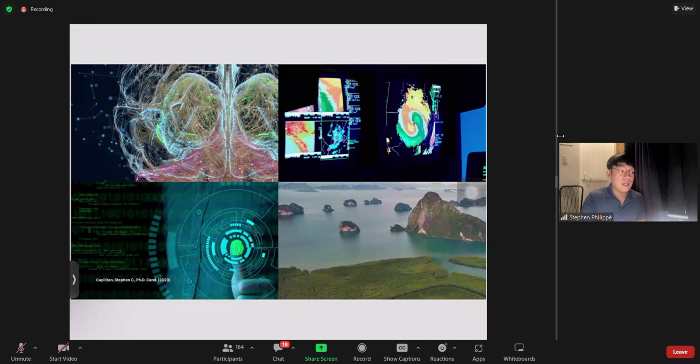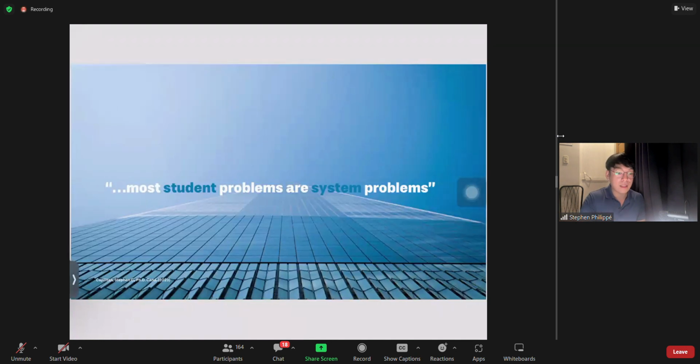As we further progress, this is generally about understanding what the most significant influences on the student are, how they interact, and how they relate in a given situation. So most student problems are system problems. Do you believe in this? Do you have any reactions that our student problems are system problems?